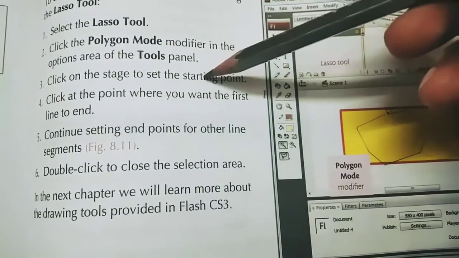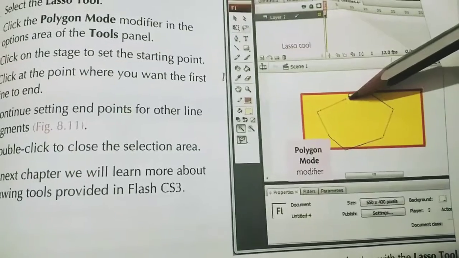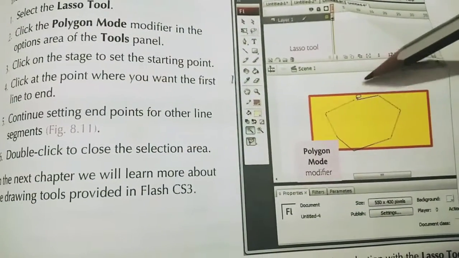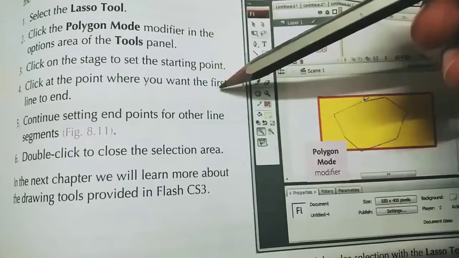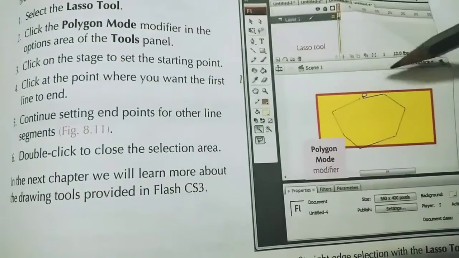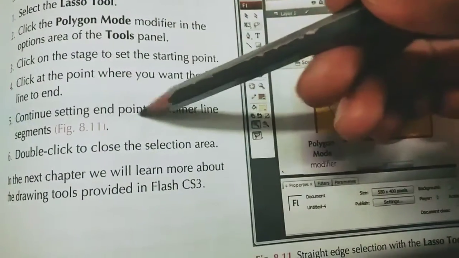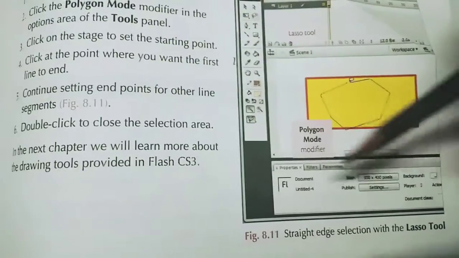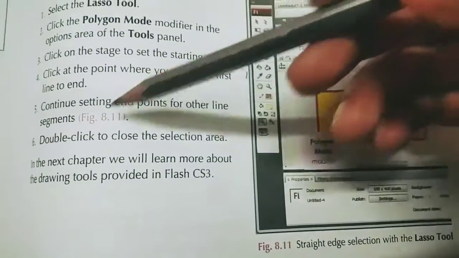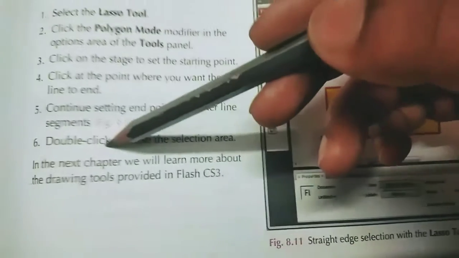Click on the stage to set the starting point from where you are starting. Click the point where you want the first line to end. Continue setting endpoints for other line segments, as in figure 8.11. Double click to close the selection area. This is the last step.